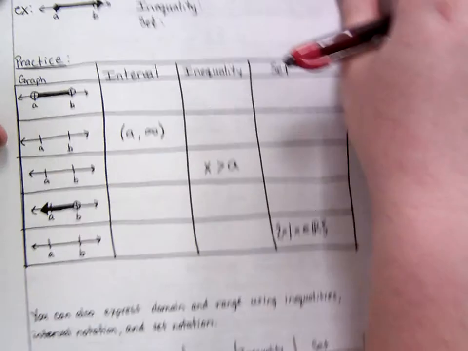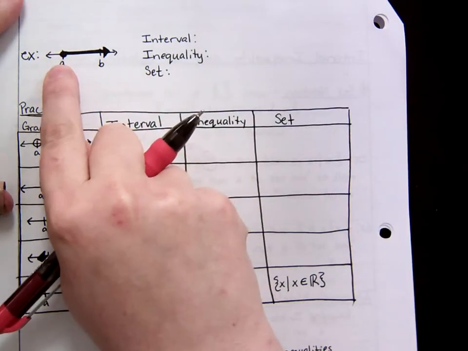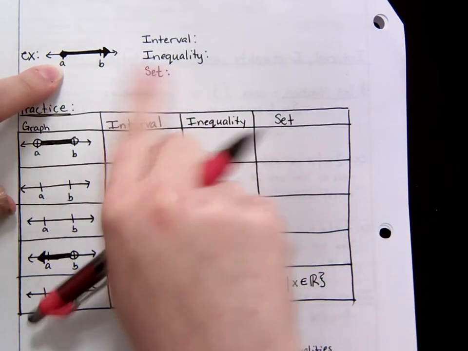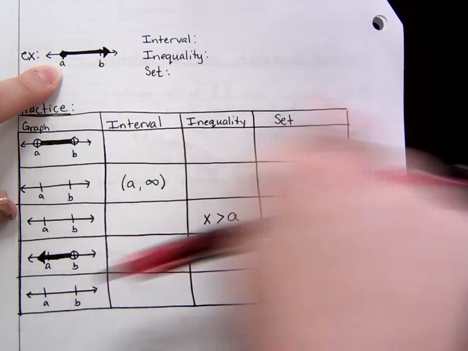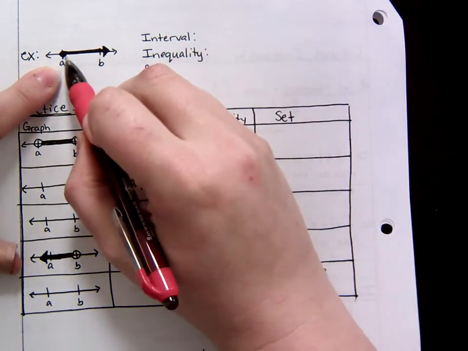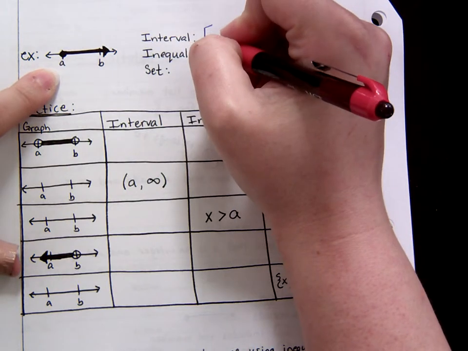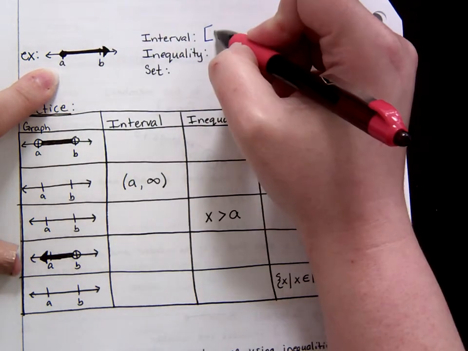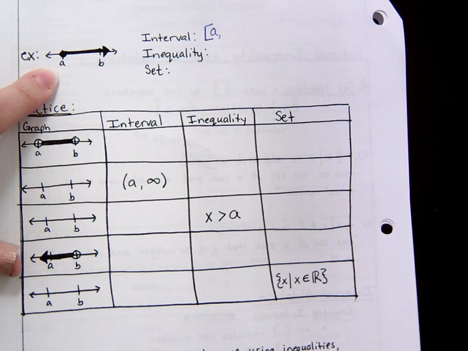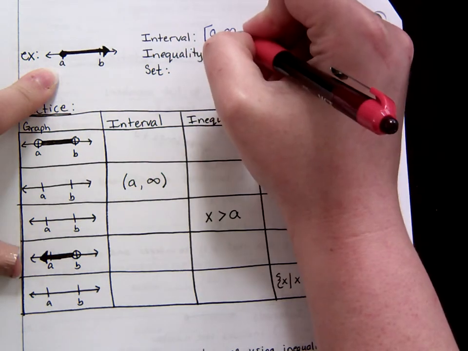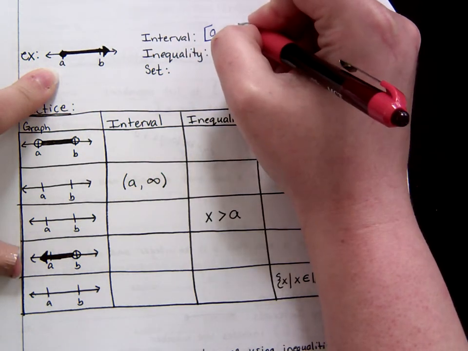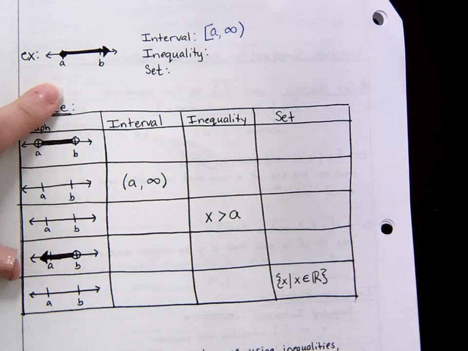So let me show you an example of an unbounded interval. This one starts at A and includes A, and it goes to the right forever. It gets bigger forever and goes on to infinity. So it starts at A, and because it's closed, we use a bracket because it includes A. On the right side, it continues to get greater without limit, so it goes on to positive infinity. And since you can't actually reach infinity, we use a parenthesis to close it.